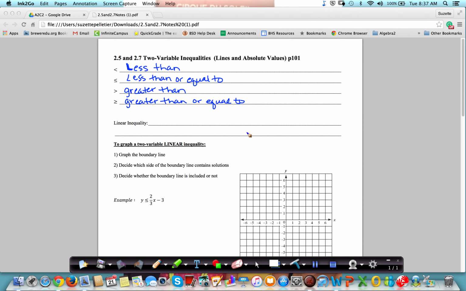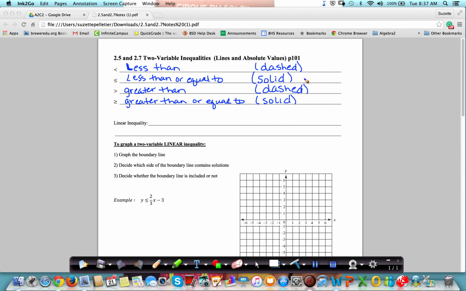All right, so the things that I want you to know or write beside them for later are this one is dashed. This one is also dashed. Now, the ones that do not include the equal sign are dashed, and the reason they're dashed is because they do not include the points on the line. These two that include the equal sign are solid, and that is because the points on the line are included, right?